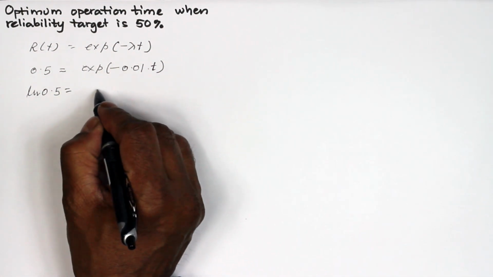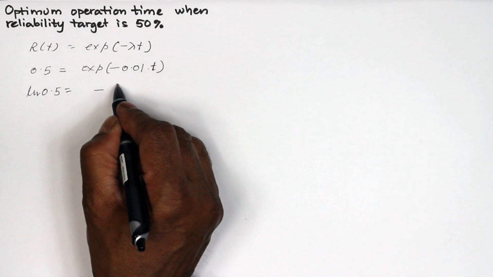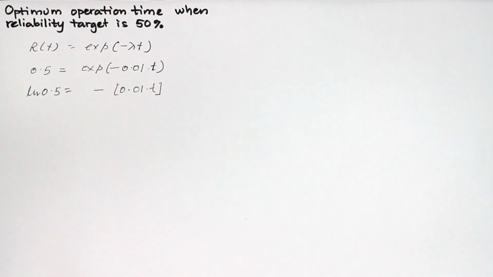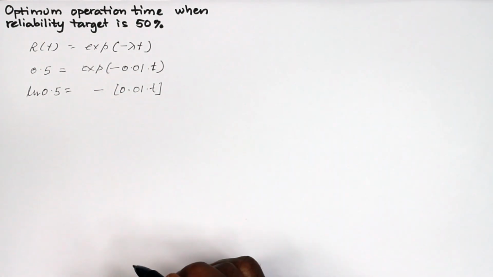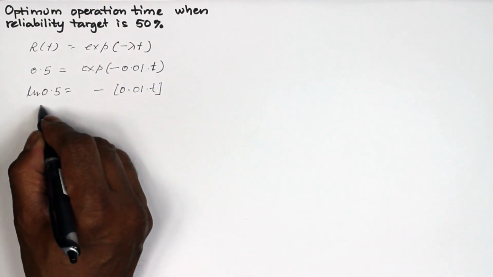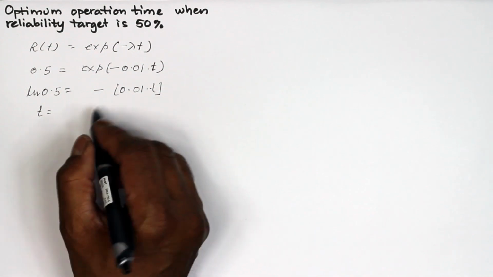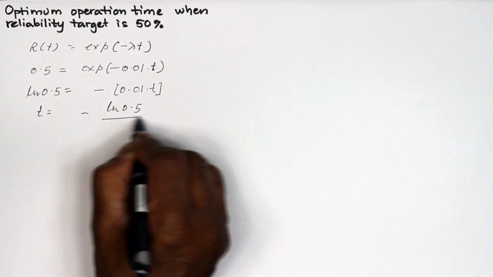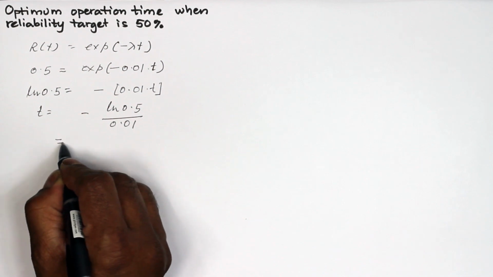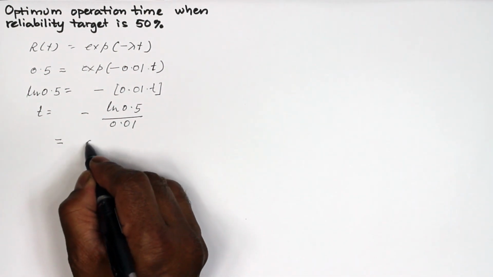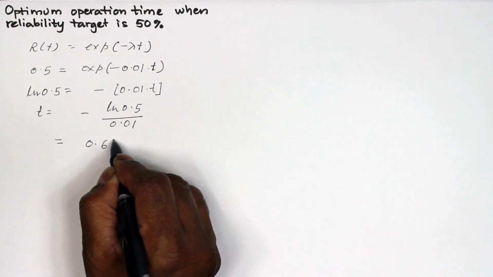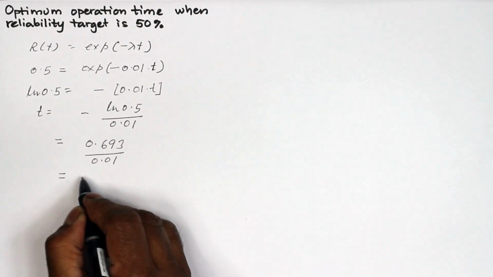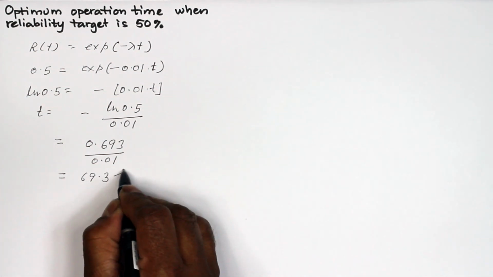Then we are left with the expression minus 0.01 t, and t will be minus log of 0.5 divided by 0.01, which is equivalent to 0.693 divided by 0.01, approximately 69.3 hours.